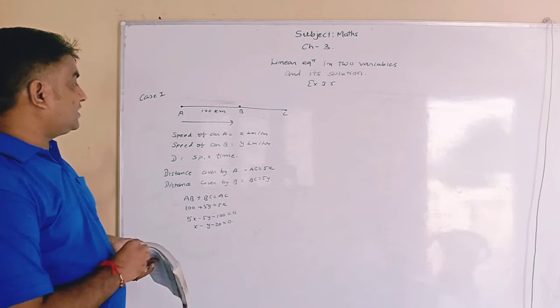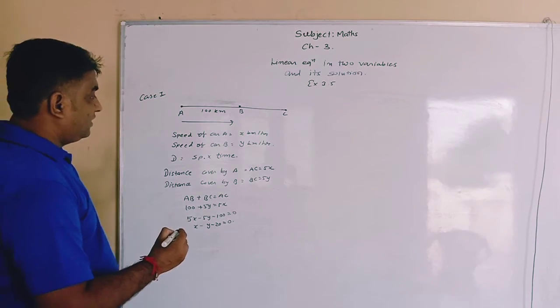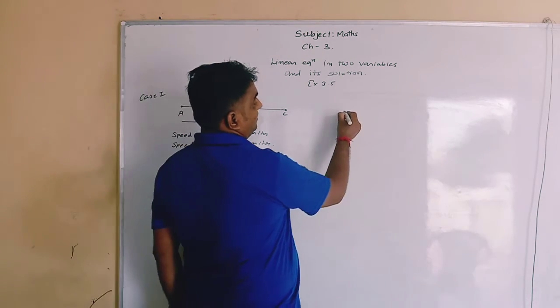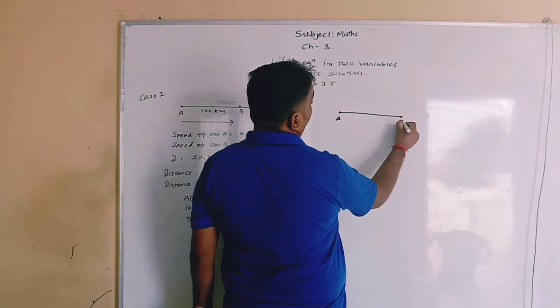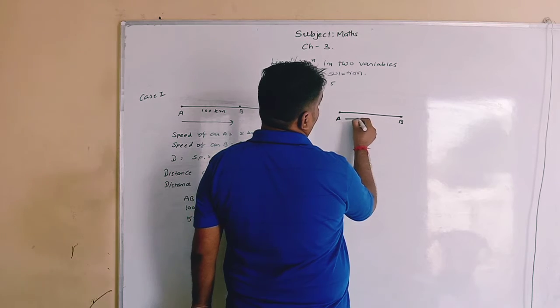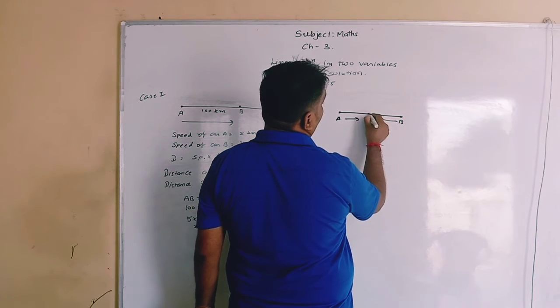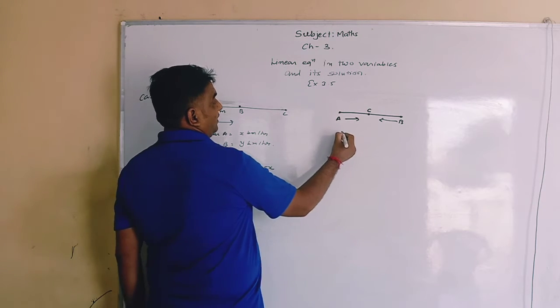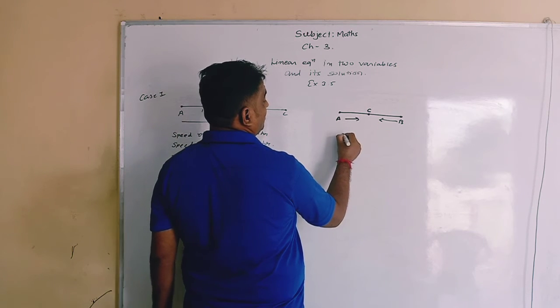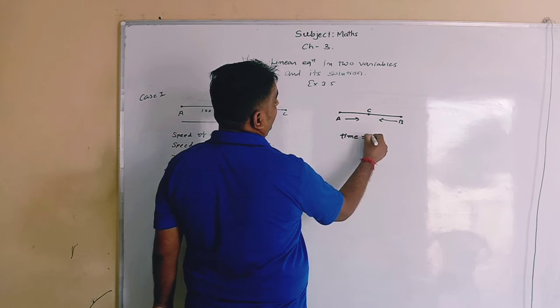Now for the second situation, if we think that the two cars A and B move in the opposite direction and they meet at point C, then again in 1 hour they meet, so time is given 1 hour.